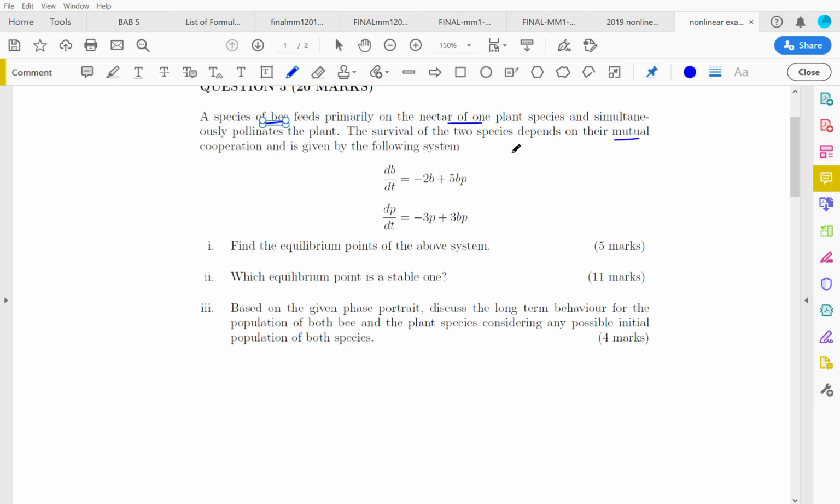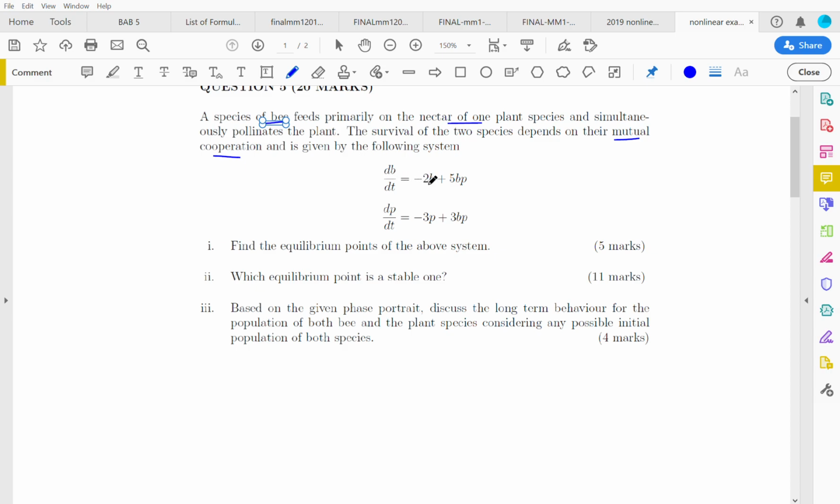So in this problem, a bee and nectar of one plant species simultaneously pollinates the plant. So the survival of the two species depends on their mutual cooperation.